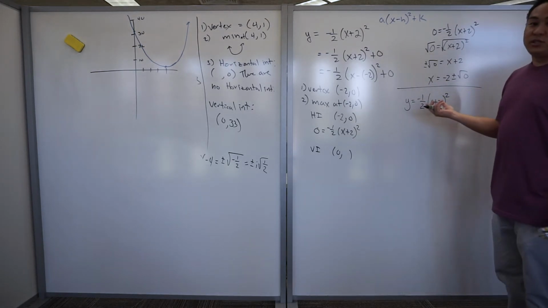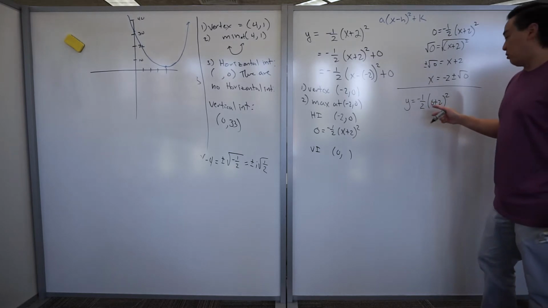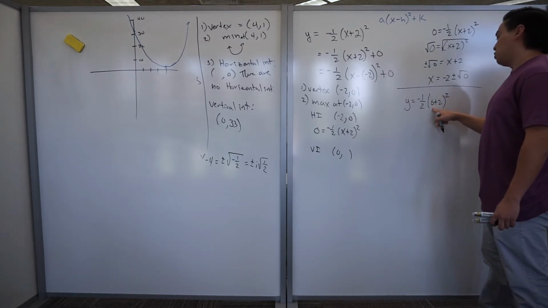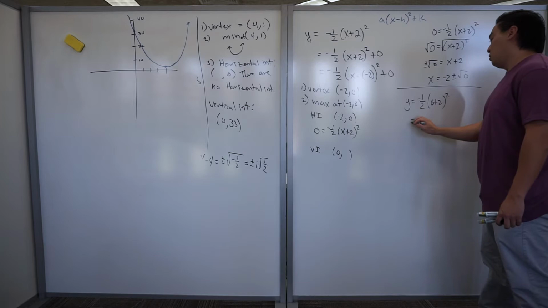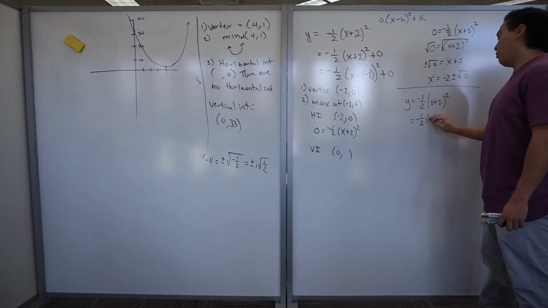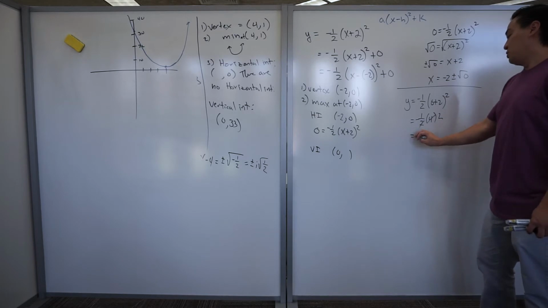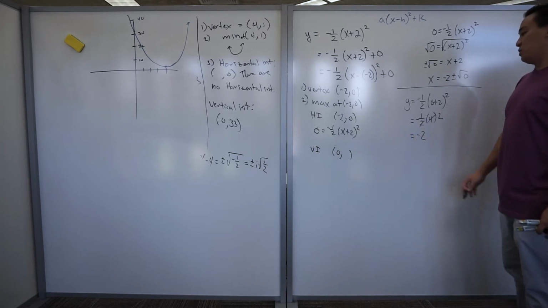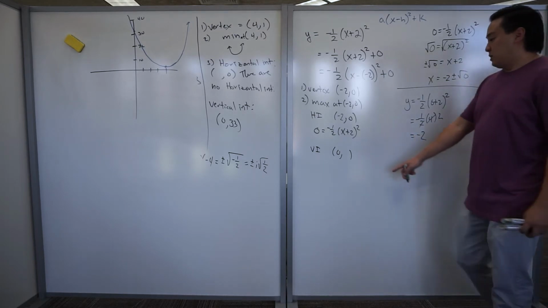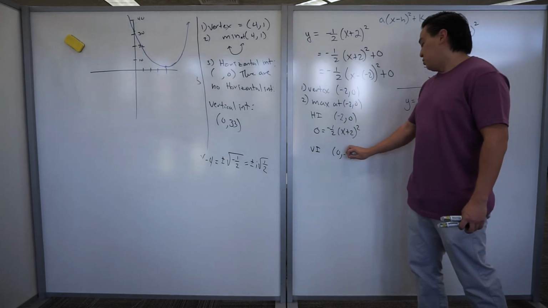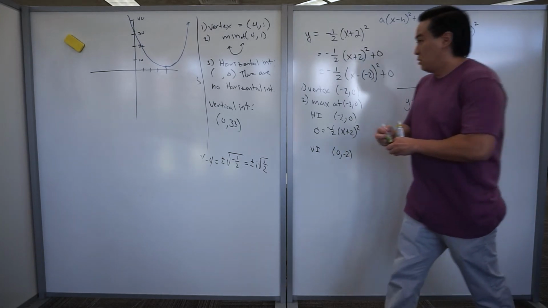And in this case, you just have to evaluate the arithmetic, right? So 2 plus 0 is 2, squared is 4. So this is a -1/2 times 4. These two simplify as just 2. So this is -2 as well. So this one is vertical intercept 0, -2.